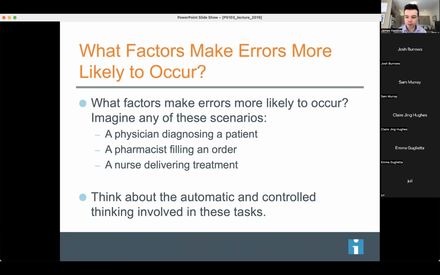Yeah, good, Sam. So interruptions. Yeah. Emma, staffing. Yeah, so I think what you mean is that the effect of poor staffing would be that people are overburdened. So they have what's called an increased cognitive load.